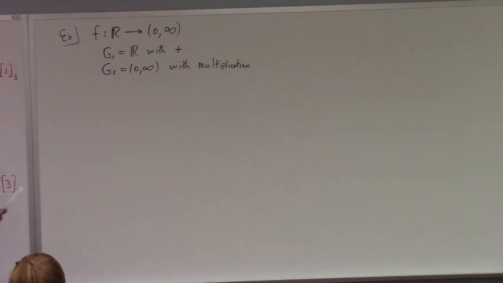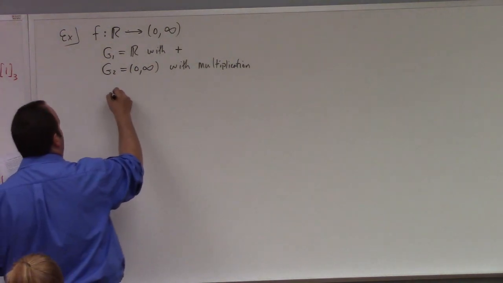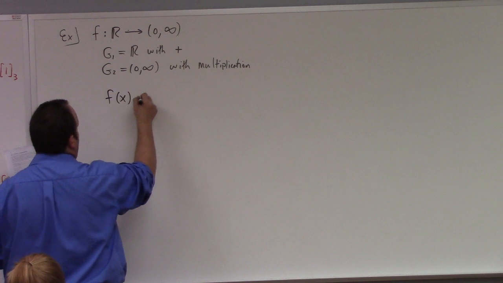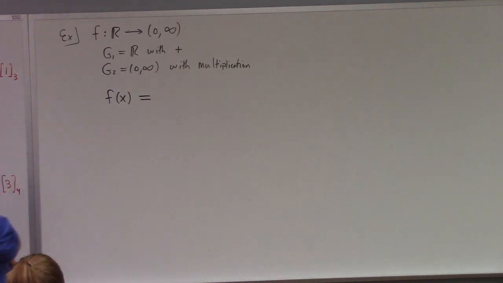So what do you think, what's the mapping going to be? f of x equals to what? What I'm arguing for you guys is, in fact, these groups are isomorphic. So we want addition in the domain to transfer to multiplication in the range for our isomorphism. What should we write down here?